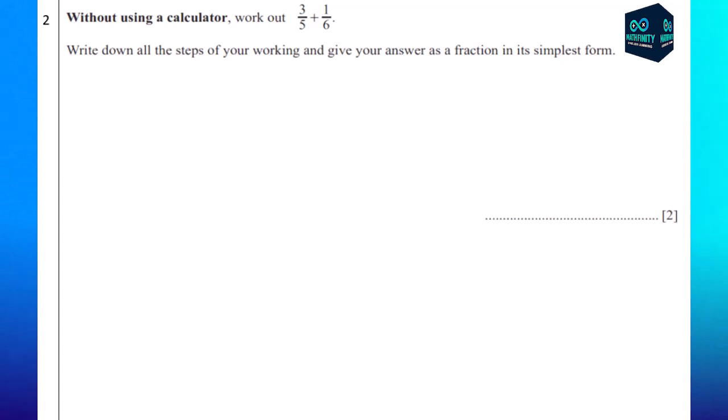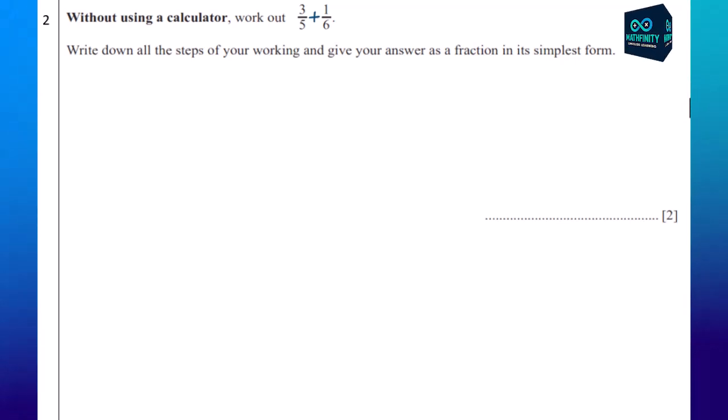Question number 2, the statement is the same. Without using a calculator, work out this. In this question we can see that there is no mixed number, so we can directly solve, but I saw that there is an addition sign between them. It means we have to make the same denominator. So what is the LCM?